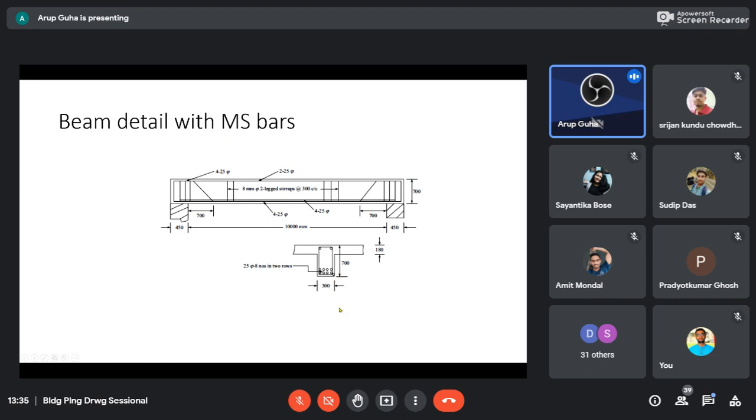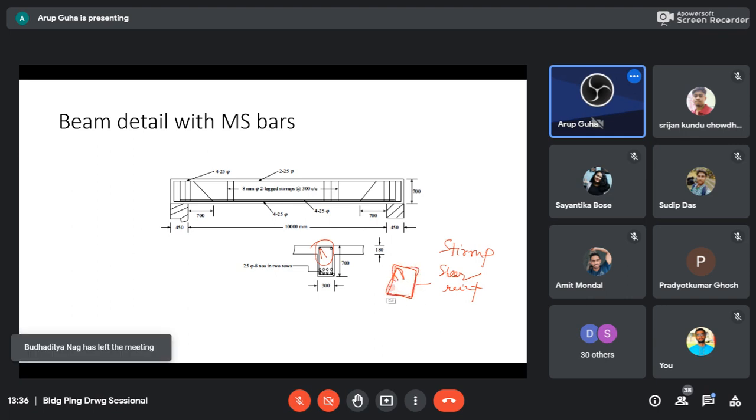The difficulty here is that we have a reinforcement like this. This is shear reinforcement, or rather stirrup. This picture is not drawn here, actually this is a continuous thing like this. So these stirrups give one kind of strength.